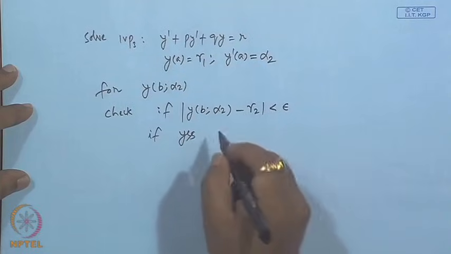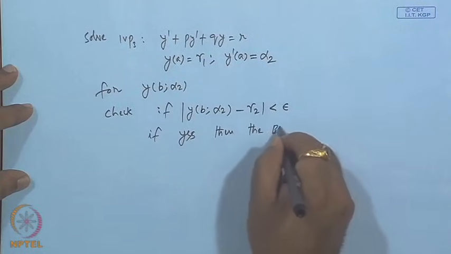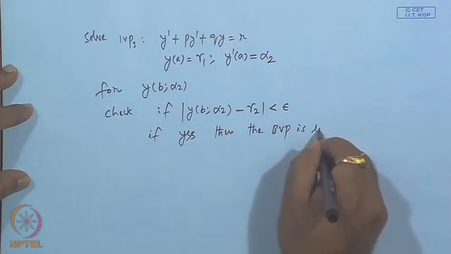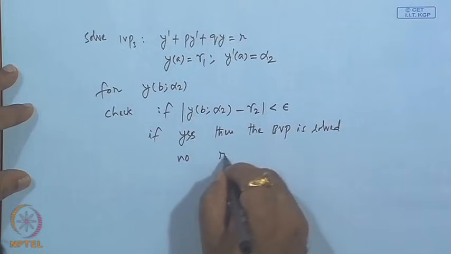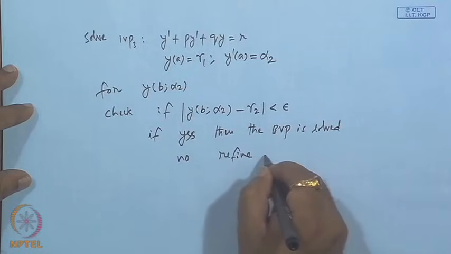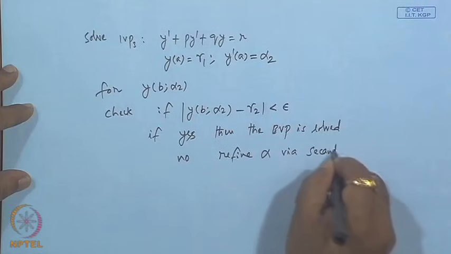If yes, then the BVP is solved. If no, refine alpha via secant method.